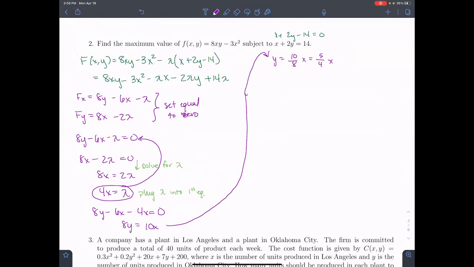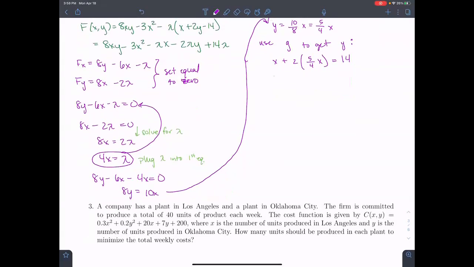Okay, and then we're going to use g to get y now. So we have x plus 2 times y, which is 5/4 x, equals 14. So x plus 10/4 x equals 14.